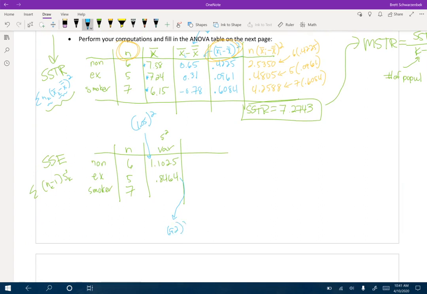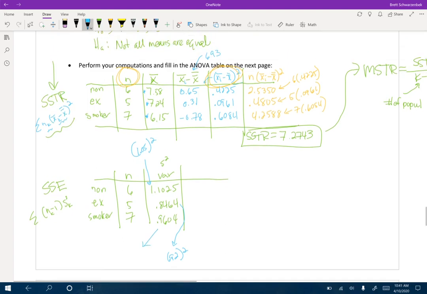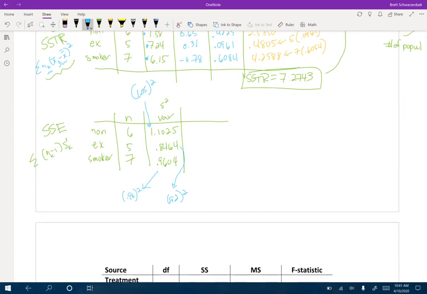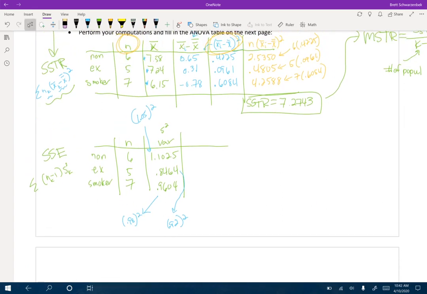Okay, and the last value is going to be 0.9604, which is 0.98 squared. Okay, so we got all our variances. The only thing left to do, we have n and we have the variance, so we just need n minus 1. We're going to do n minus 1 here, which is just 5, 4, and 6.